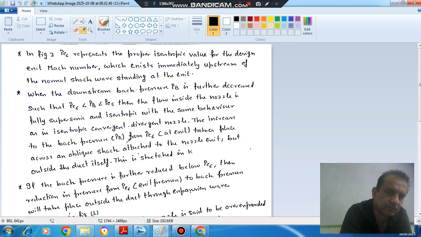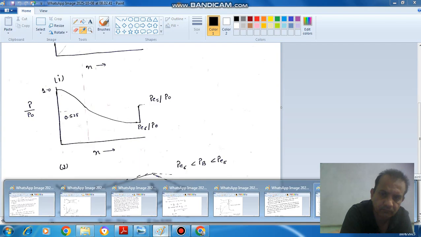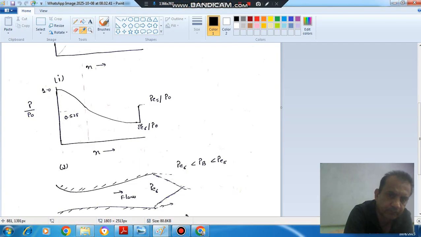The increase in back pressure from P6 at exit takes place across an oblique shock attached to the nozzle exit, but outside the duct itself as sketched in the figure. So if this exit pressure is not PE5 but between PE5 and PE6, then oblique shock will occur, so that the pressure at the exit of the nozzle will be PE6, and here oblique shock will occur, and then the pressure will become PB, which is your back pressure, between P6 and P5.